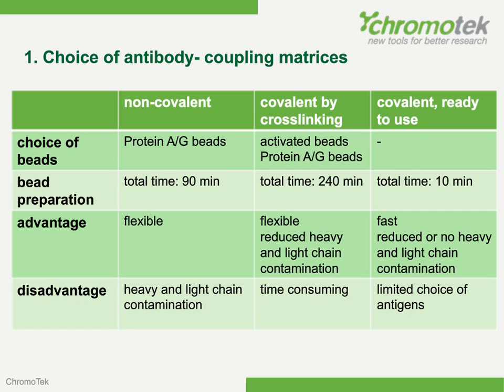A third option is to use beads that are ready to use. So you just take them out of the fridge, wash the beads, and start your IP. This system is very fast, and since the antibody is cross-linked to the beads, you again have reduced or even no heavy and light chain contamination in your downstream application.